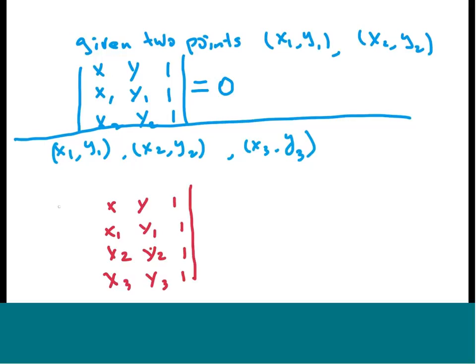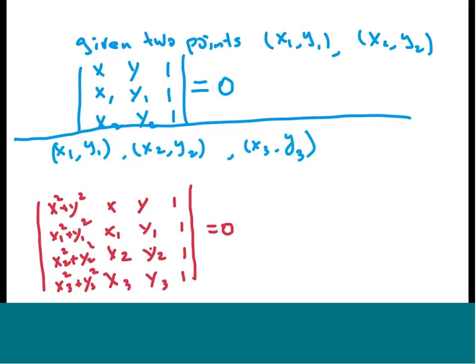So you make x squared plus y squared, x1 squared plus y1 squared, x2 squared plus y2 squared, x3 squared plus y3 squared. When this is set to 0, it's a quadratic equation of x and y. When x, y equals x1, y1, then it's 0.